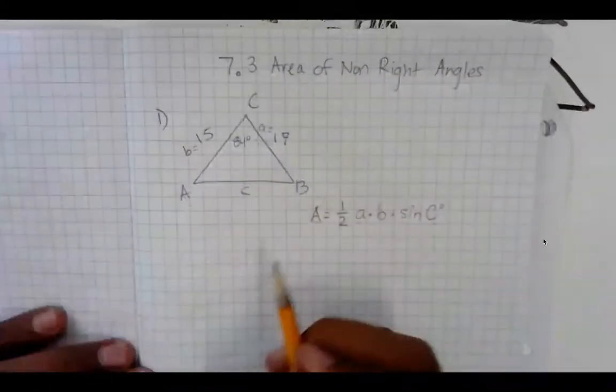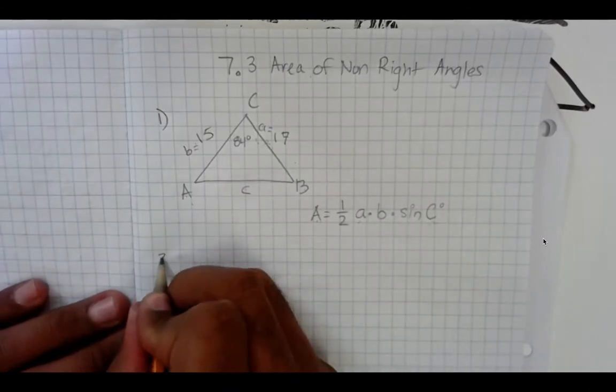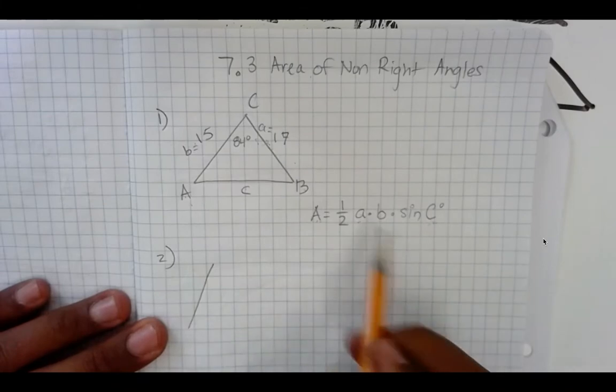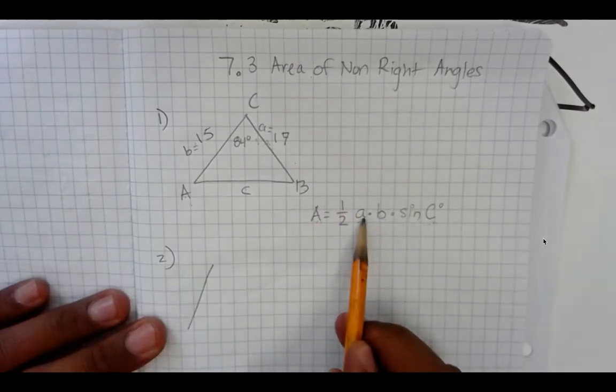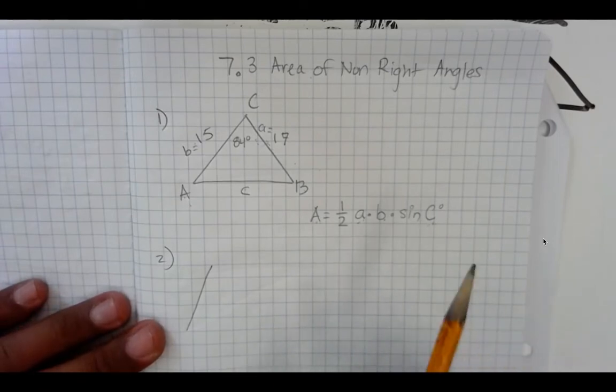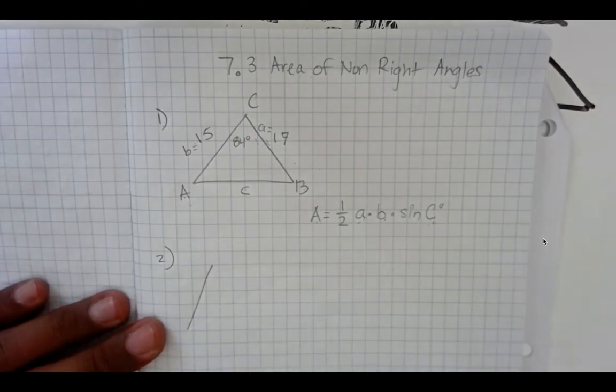When you go through that example, she'll show you how to do that. We'll go to number 2. Basically all you're doing is plugging in those values: plug in a, plug in b, and the angle. The important thing is that you have to choose a specific angle. You can't just use any angle.